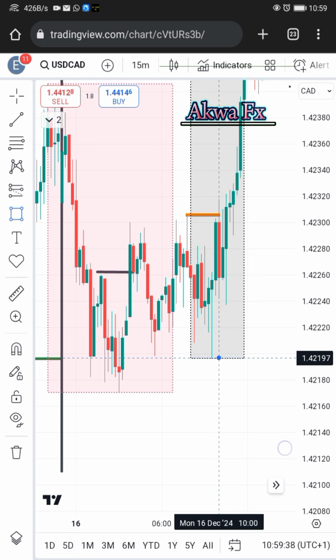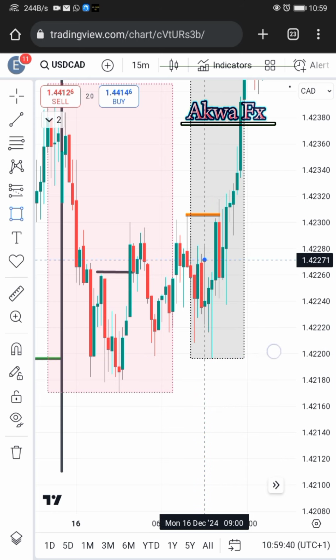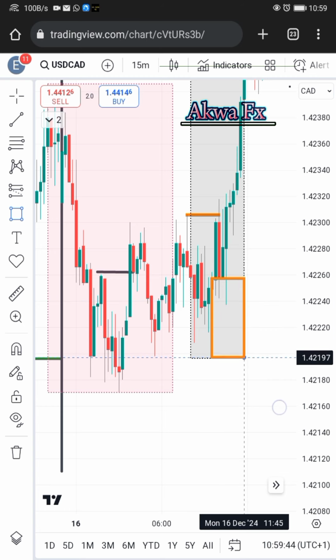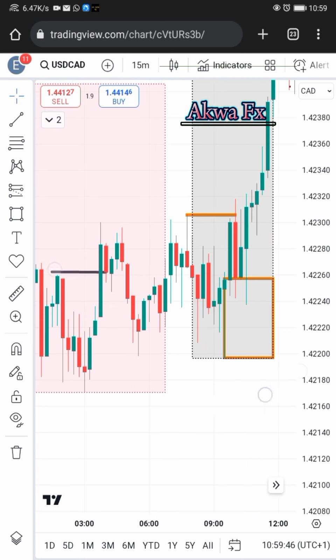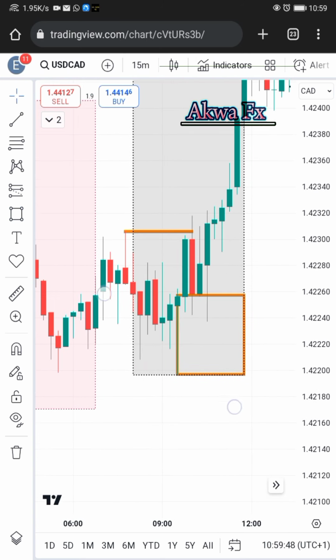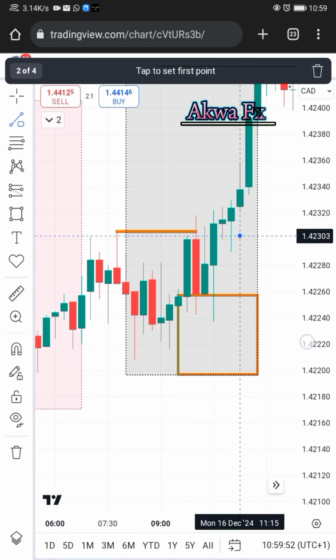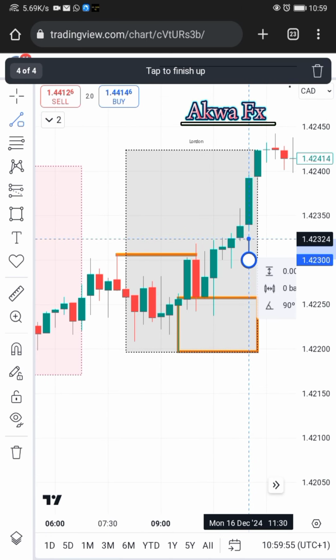Where was the candle? Here was the bearish candle, but this very one has the biggest wick. So we scale down. You can see the market comes into it and gives us what we are looking at on this zone.